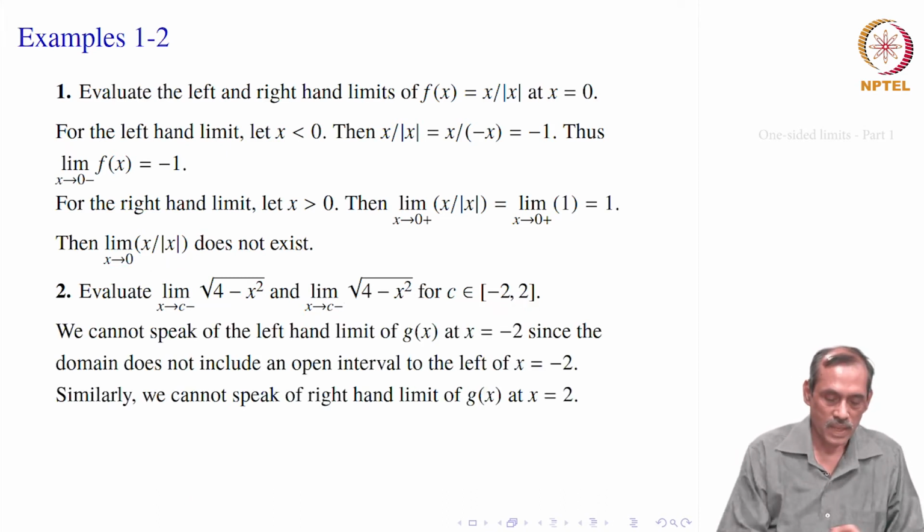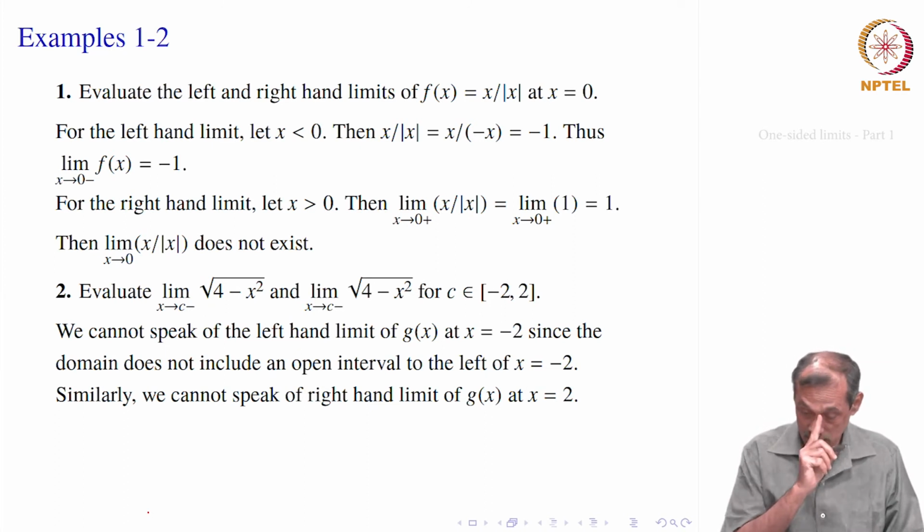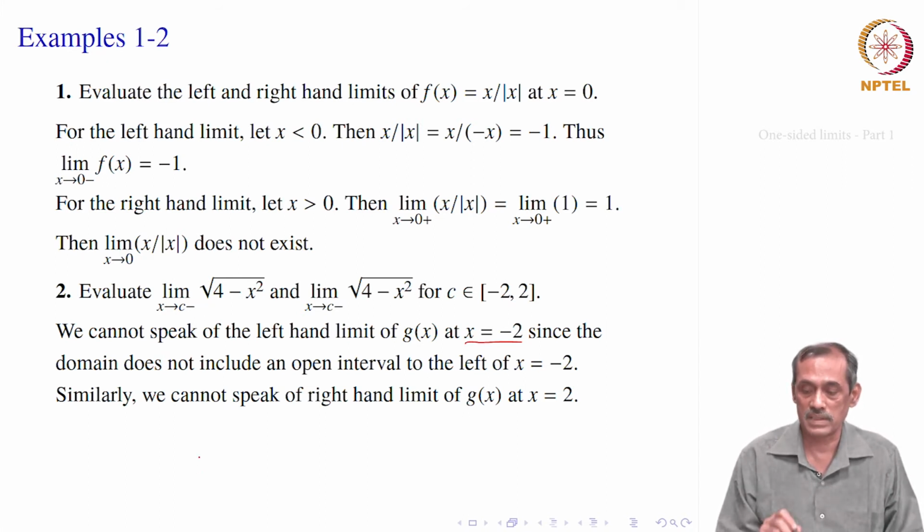Okay, let us see. Here at x equal to minus 2, the function is 4 minus x square under the square root. So, 4 minus x square must be greater than or equal to 0, that is x square must be less than or equal to 4. So, x must lie between minus 2 and 2, that is the domain of the function. Now at x equal to minus 2, for the left side limit, we need a neighborhood of the form minus 2 minus delta to minus 2.